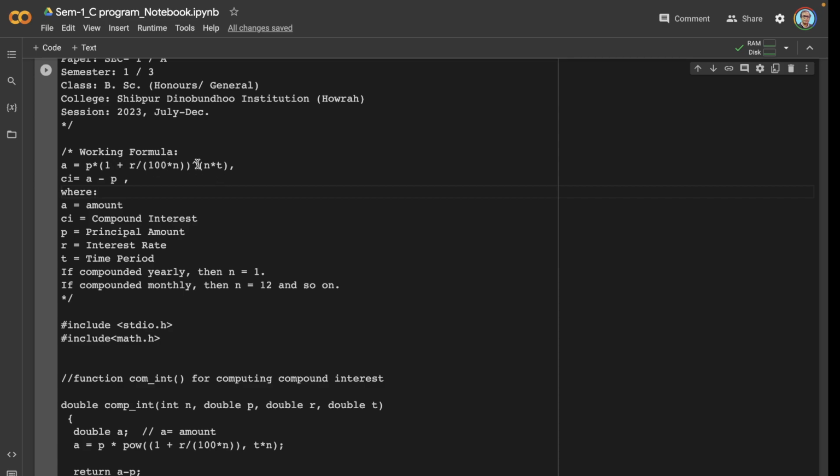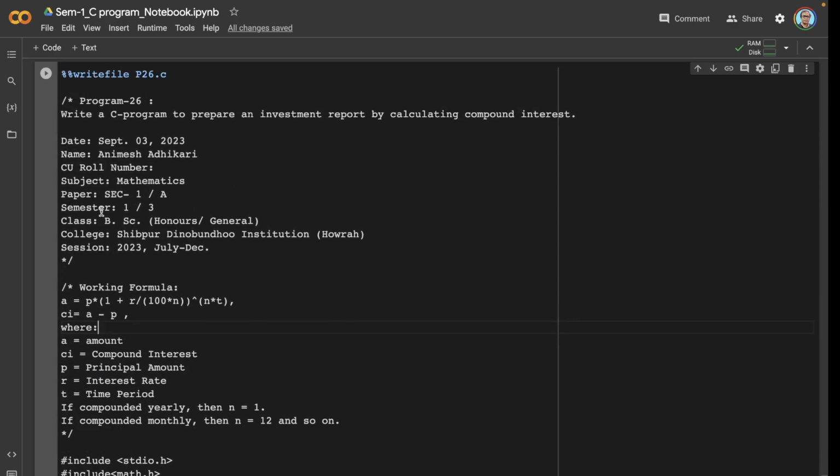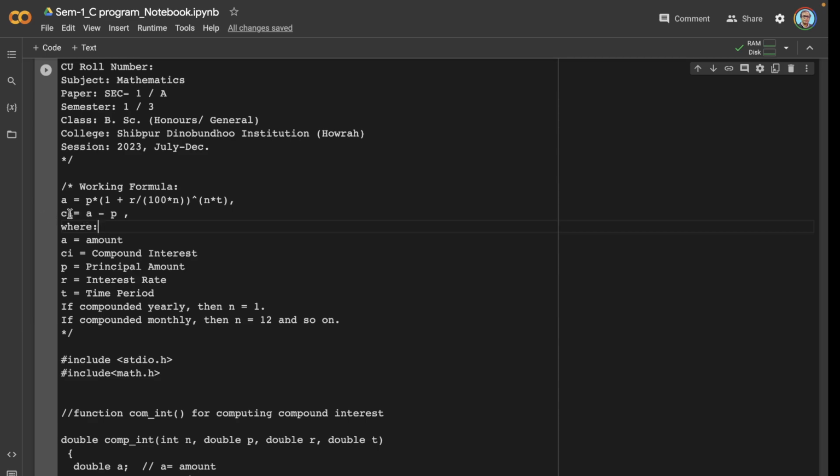And compound interest, CI means compound interest, amount minus the principal value.